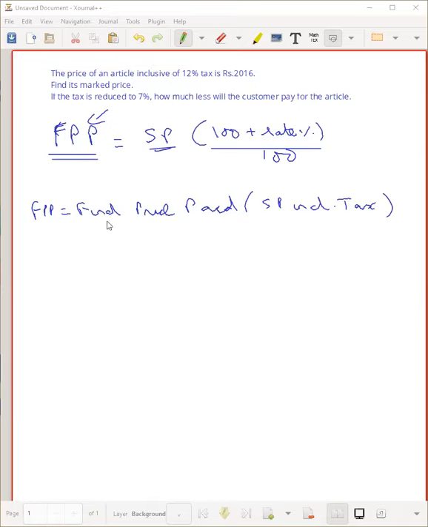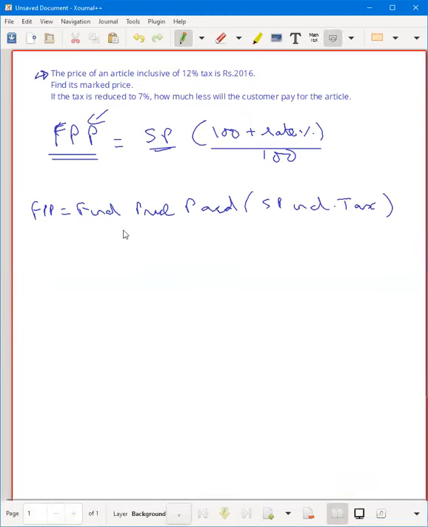Siddharth Singhal, that is correct. Siddharth Singhal, the mark price is wrong. The mark price they've asked you for the first part of the question, not the second part after reduction in tax. So this is the mark price provided that the final selling price including tax is 12% plus 12% tax, 2016. What is the mark price on this price, not the reduced price?